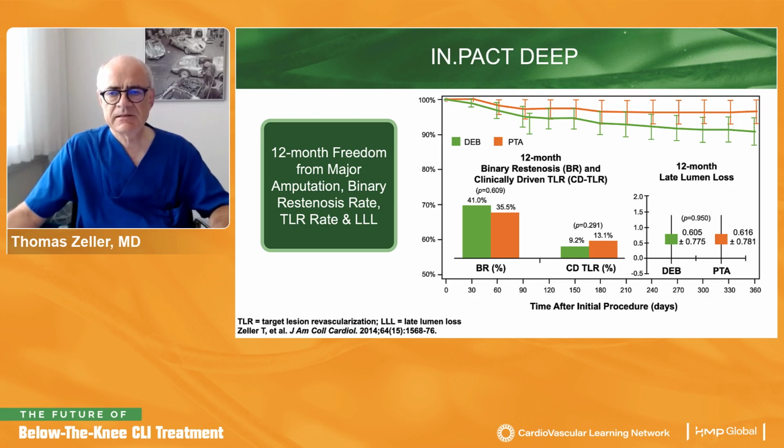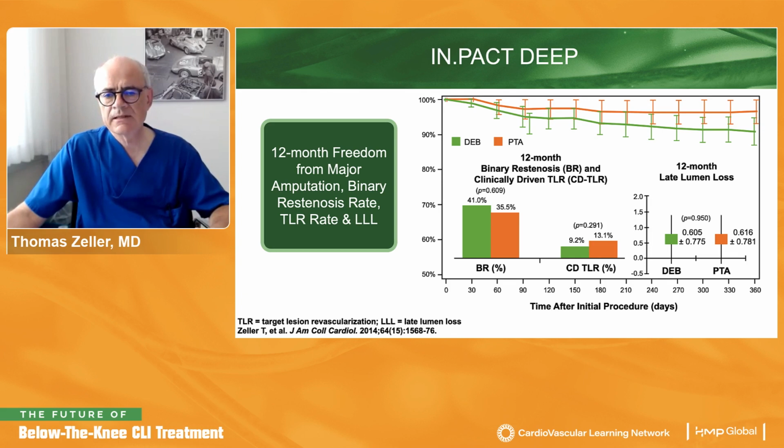And this is basically the summary of the 1-year outcome, which was also the primary endpoint. We can see over here the amputation-free survival, which was by trend lower for the DCB cohort as compared to control. If you look at binary restenosis rate, it was by trend higher in the DCB cohort, whereas CD-TLR was slightly lower in the DCB cohort.